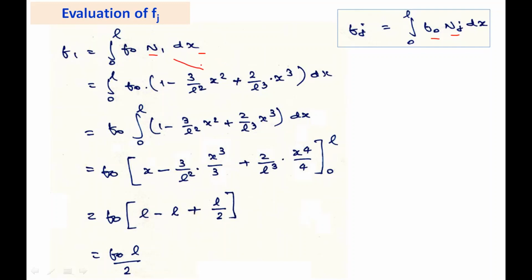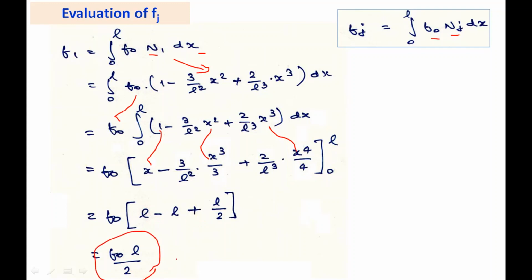So you have to substitute the shape function N1 value. Now integrate this one. Taking the f naught outside the integration, 1 will become x, x square will become x cube by 3, x cube will become x power 4 by 4. Then apply the limit 0 to L. After that you will simplify this. You will get F1 is equal to F0 L by 2.